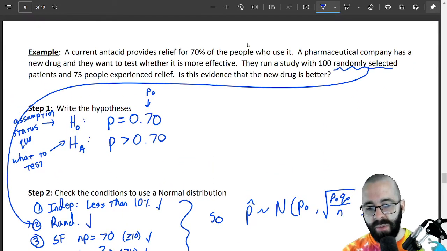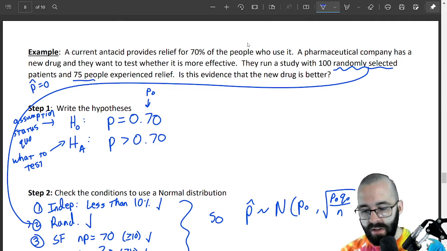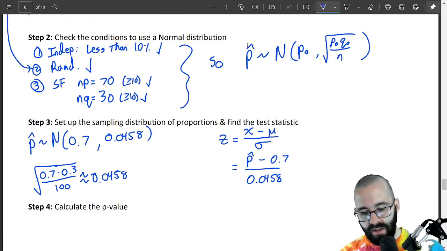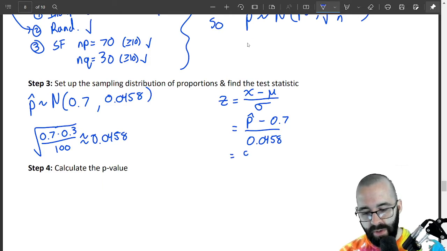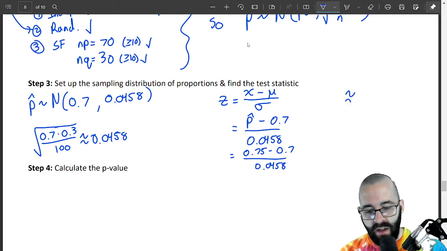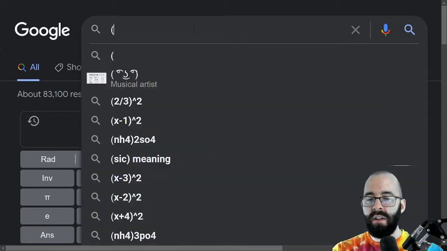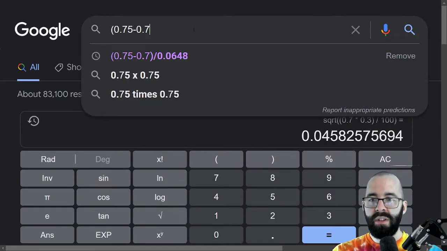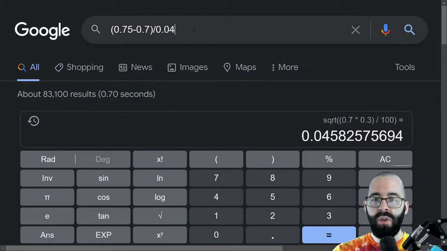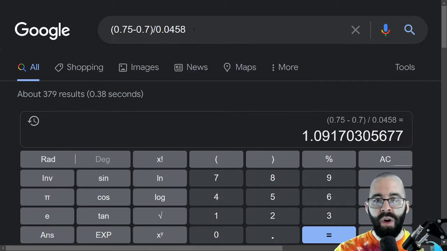P hat is the result from our survey, our sample. So in our sample, 75 out of 100 experienced relief. That's going to be 0.75 minus 0.7 over 0.0458. Our test statistic, our z value, is about 1.09.